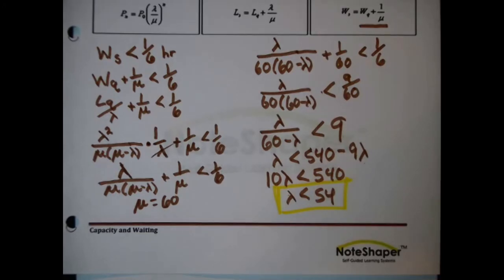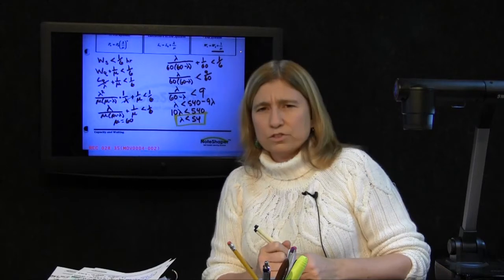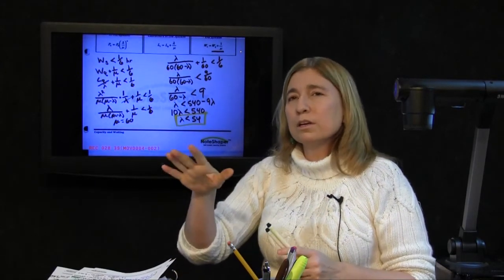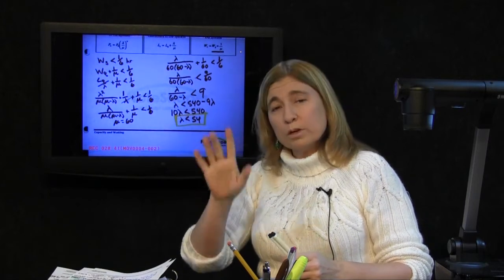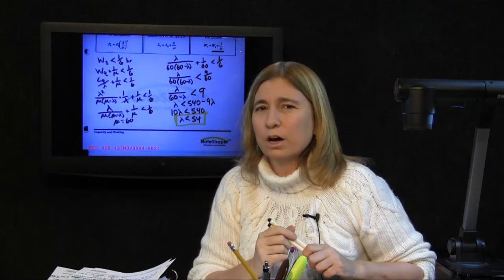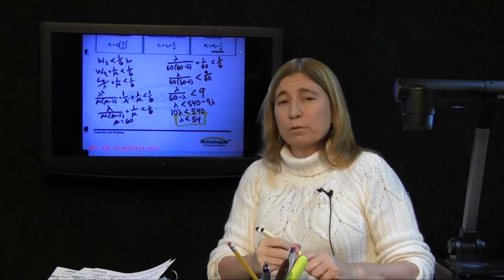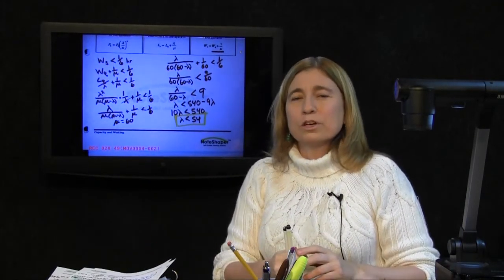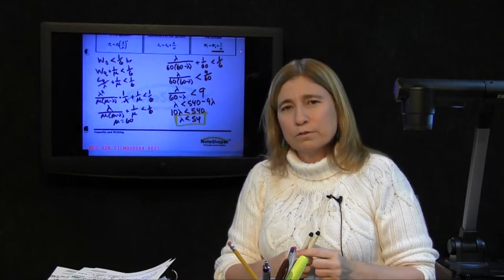You know, you say, well, I don't get it. You just have this thing that you boxed and it says lambda less than 54. Yes. TSA will be happy. The less than 10-minute delay will be met as long as lambda, the resulting lambda from the lane number choice decision, is less than 54.